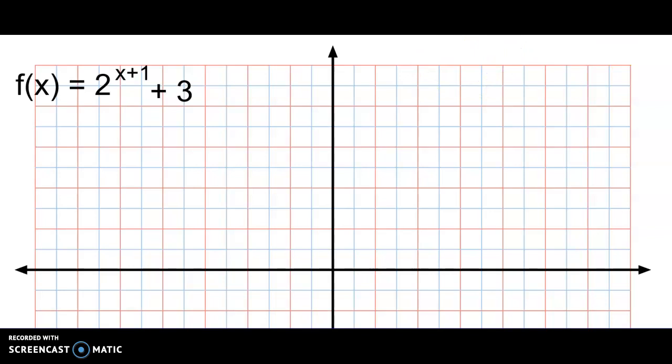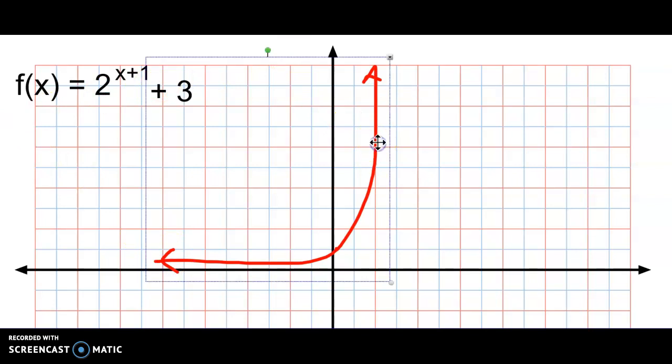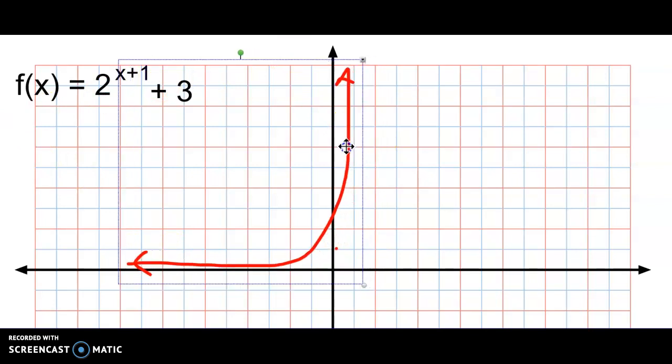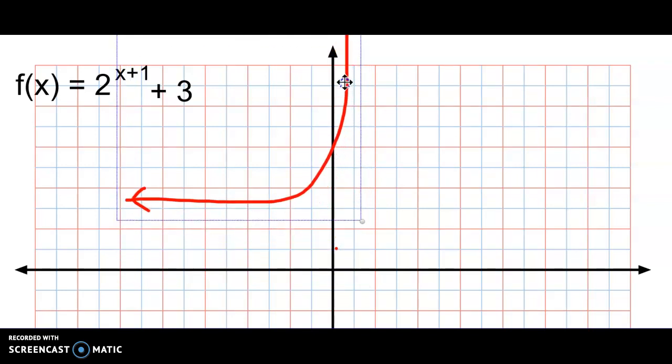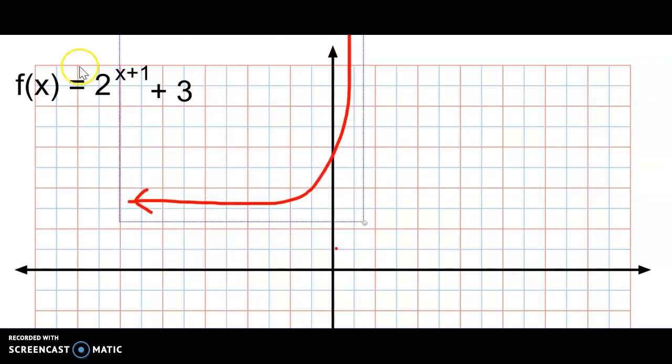So even just thinking about what 2 to the x looks like, I know I'm not graphing this real great, but it should look like this, but shifted to the left 1 and up 3 is what we're thinking should happen, right?